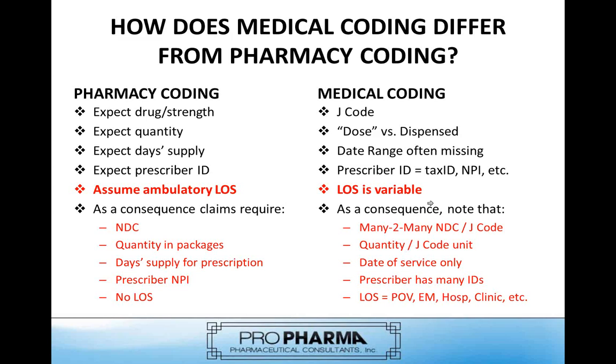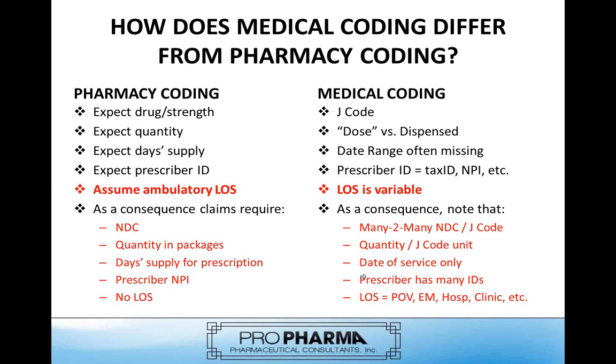And the location of service, as I've indicated, can have multiple subchannels, so the location of service depends on where it was administered. As a consequence, these codes, these J codes, represent a drug and a particular unit strength as defined, but there could be, for one J code, many NDCs, and for any given NDC or drug, there could be many J codes. So as a result of that, we have a many-to-many relationship.